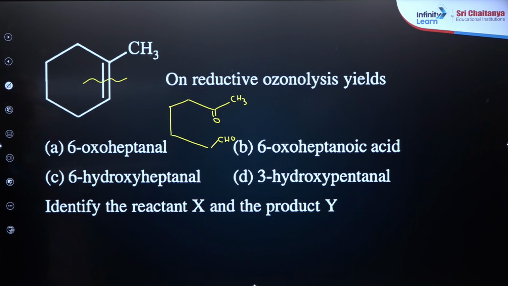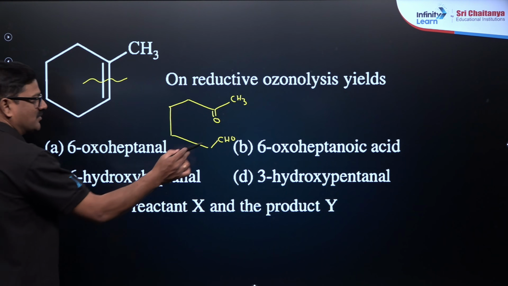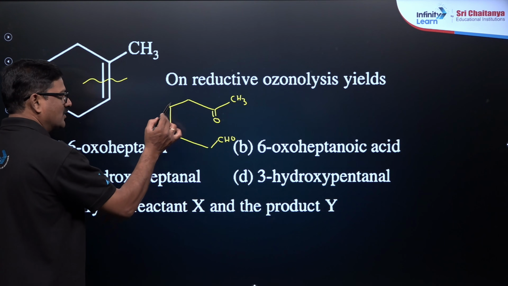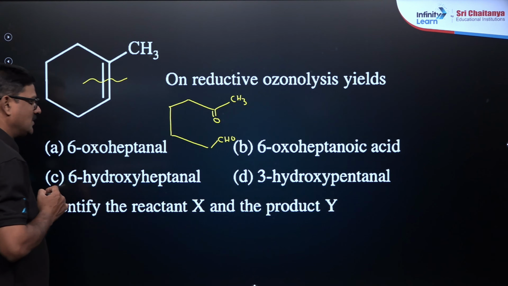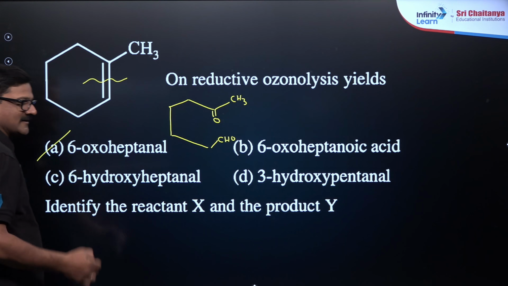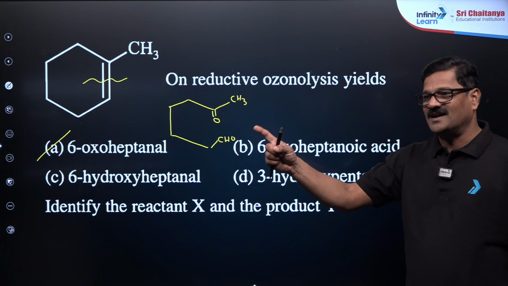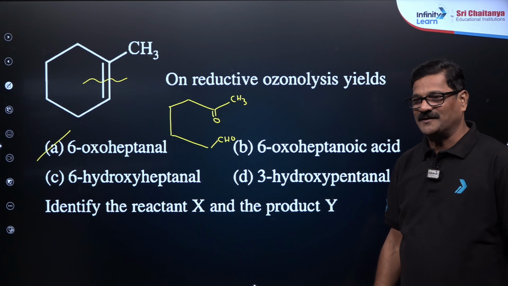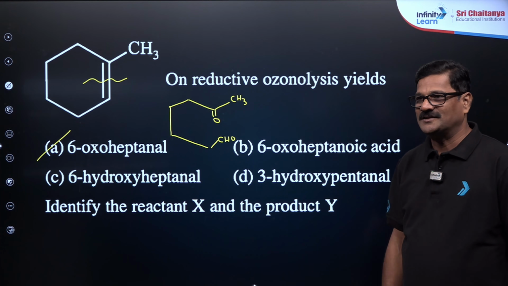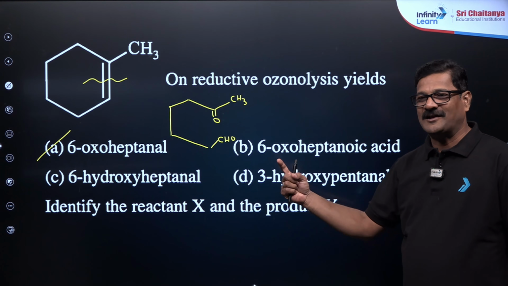So it is going to be first carbon, second carbon, third, fourth, five, six, 6-oxoheptanal. Answer A. Any doubt? Answer is A. The way you have given the answer is A. I appreciate it.